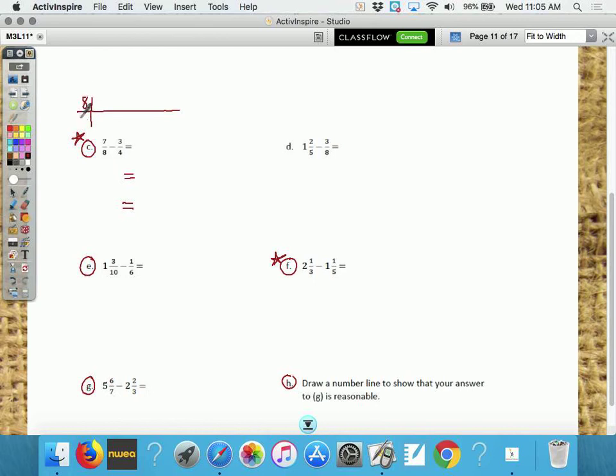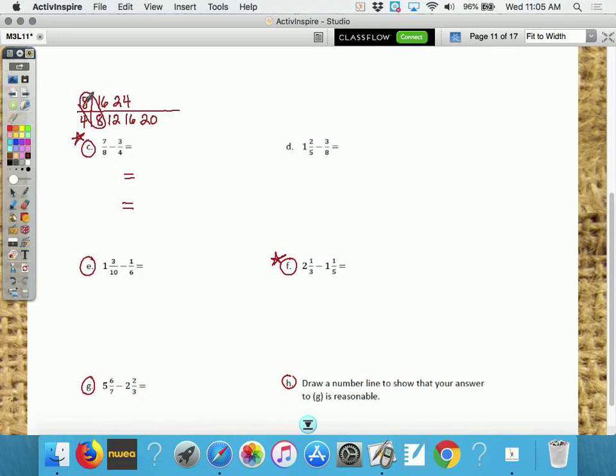So 8 goes on top, then 4, and we'll skip count. Now we're looking for the smallest number. Is there more than one up here? Yeah, 8.